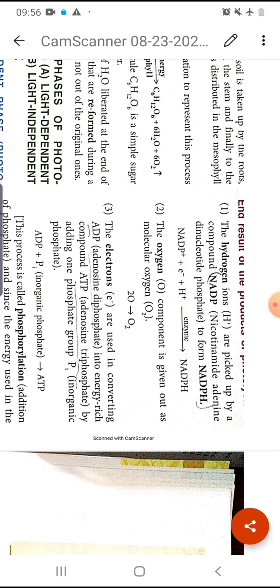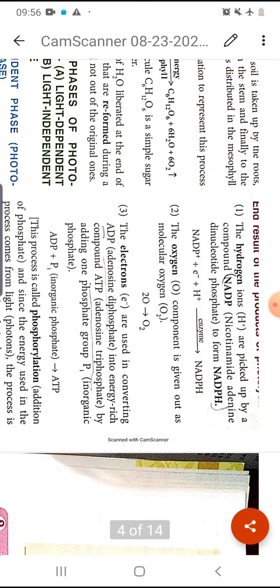So the hydrogen ion, which is formed in this photolysis process, is picked up by another compound, that is NADP. What is the full form of this? Nicotinamide adenine dinucleotide phosphate. Okay, to form NADPH. So NADP plus H plus ion, what will it form?